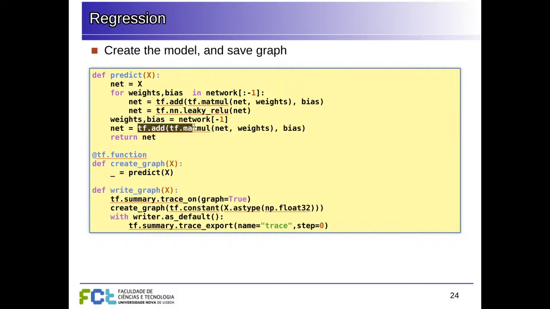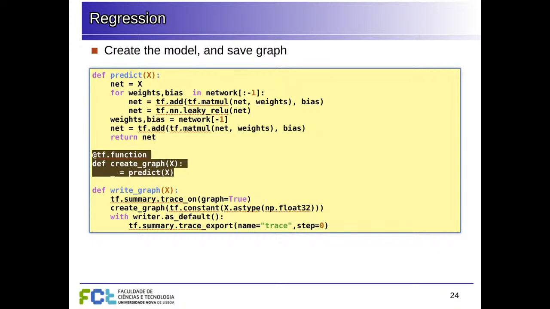I do the matrix multiplication of the output of the last hidden layer and the weights here. I add the bias, and then I just output this value without an activation function. Because I'm computing a regression, so I'm not using an activation function in the output of my network.